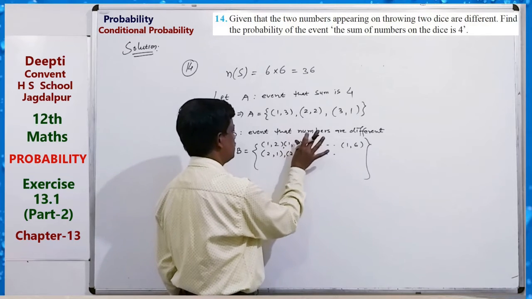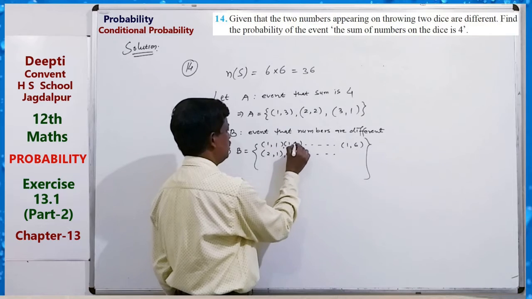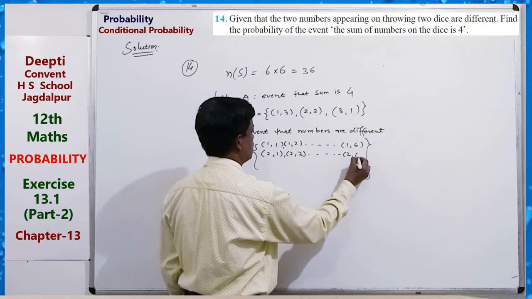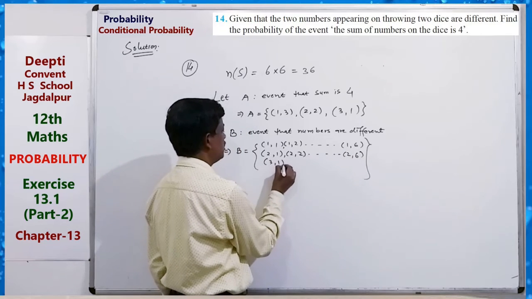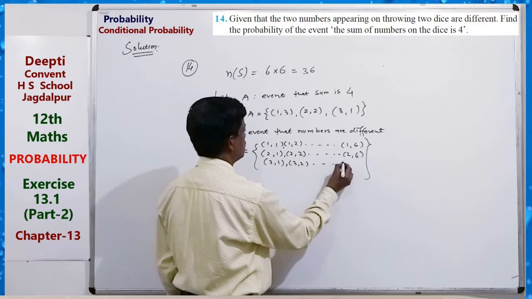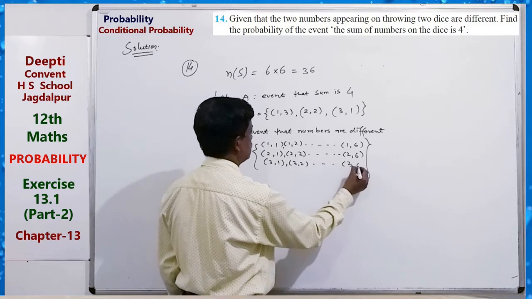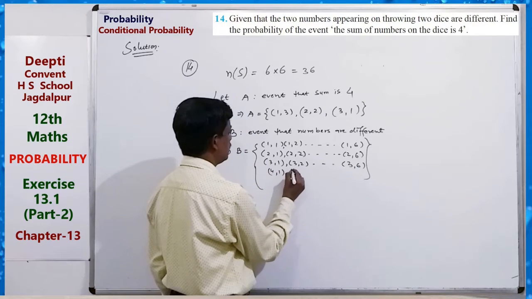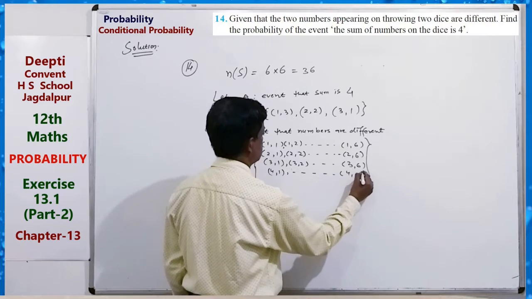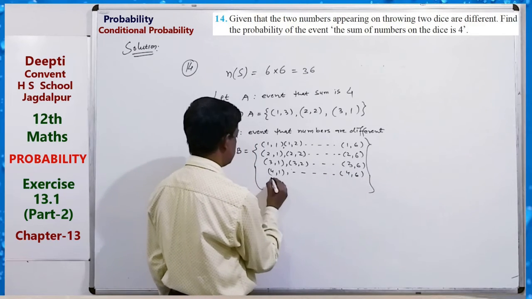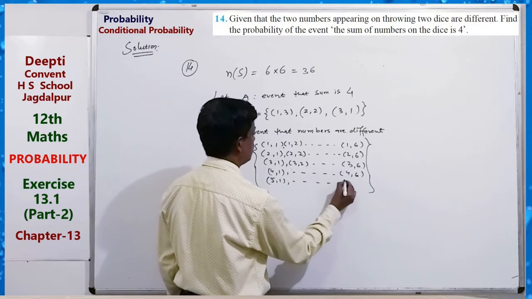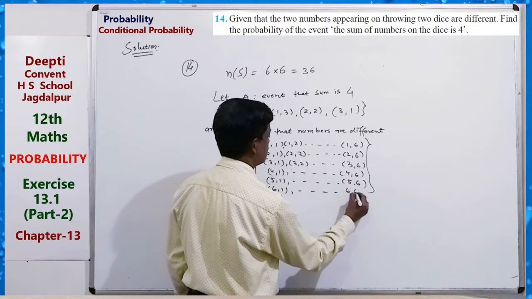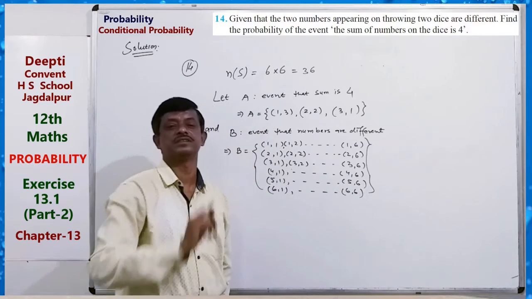Just write all the numbers first: 1 1, 1 2 and so on up to 1 6; 2 1, 2 2 up to 2 6; 3 1, 3 2 up to 3 6; 4 1 up to 4 6; 5 1 up to 5 6; 6 1 up to 6 6. All the 36 outcomes are there.